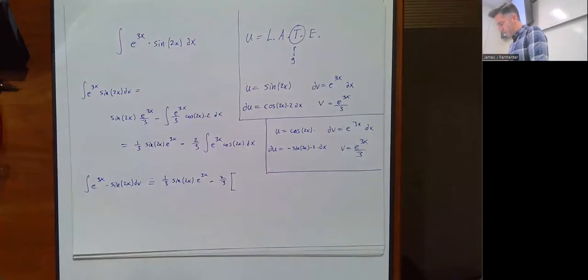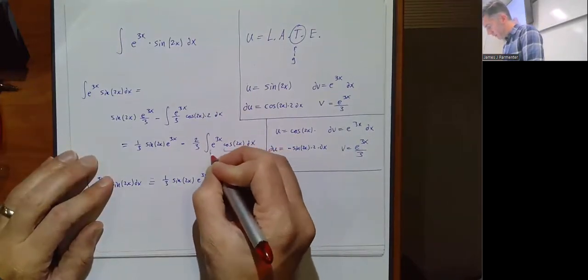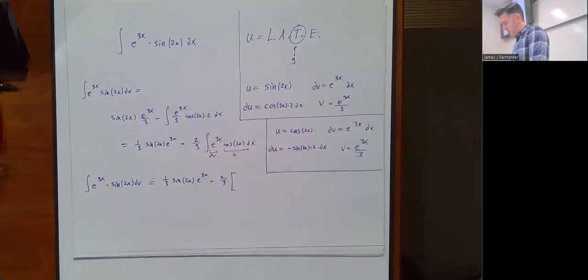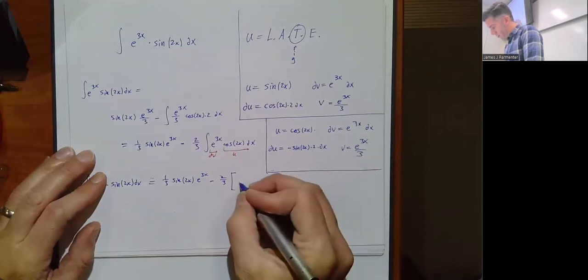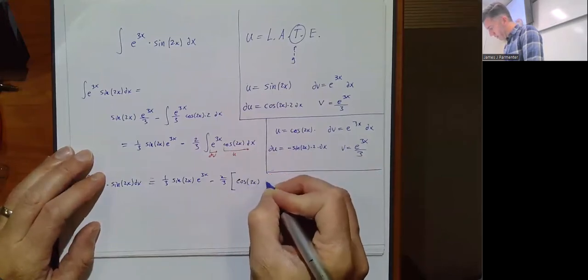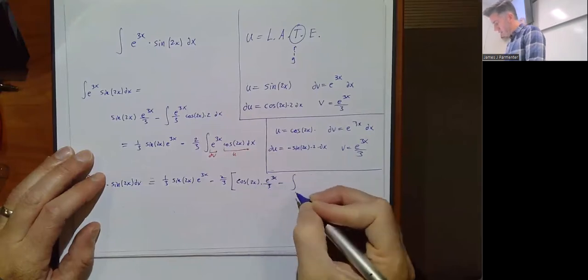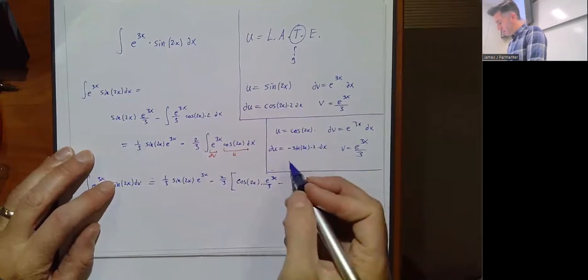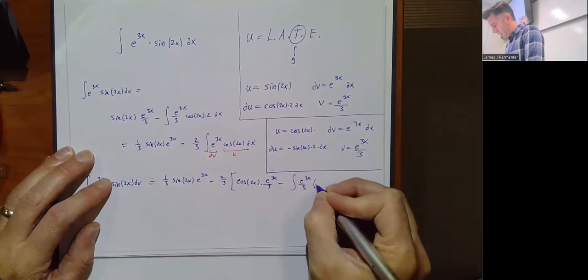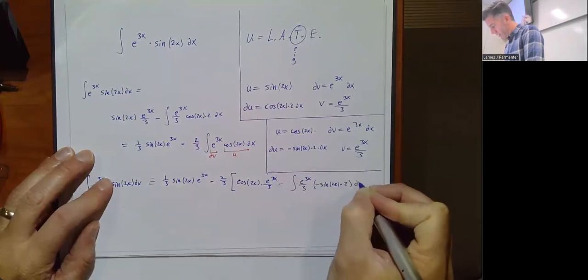This is my u, this is my dv. I'm going to get uv minus the integral of v du, so it's going to be cosine of 2x times e to the 3x over 3 minus the integral of v du, which is e to the 3x over 3 times a negative sine of 2x times 2 dx.